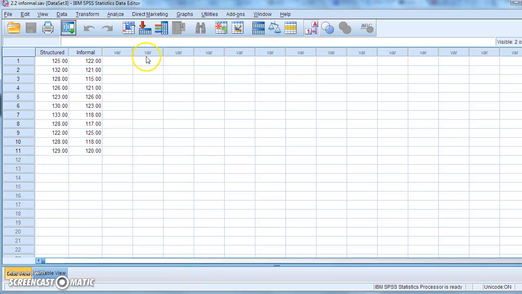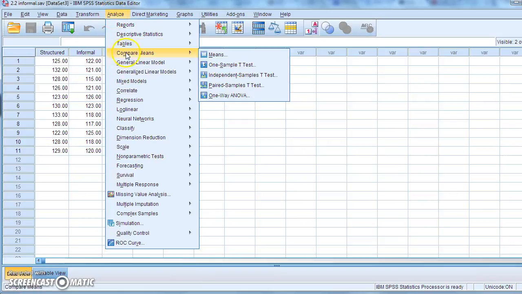So what we're looking for here is to go to analyze, and again, to compare means. We find here the paired samples t-test. Sometimes people get confused and go for the one sample t-test because they think that means it's within participants. No, that's not true. It's the paired sample because each person is paired up with themselves.